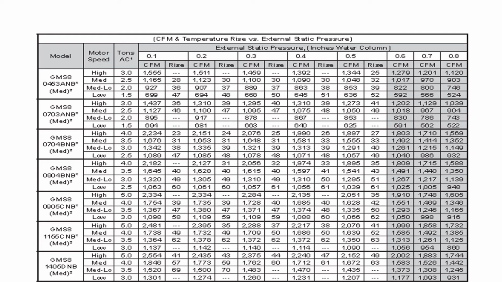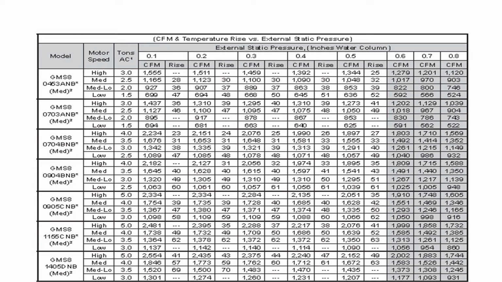Across the top of this chart, you will see the external static pressures listed in inches of water column, and then you will also see the corresponding airflow listed in CFM, and in some cases you'll even see a temperature rise listed.